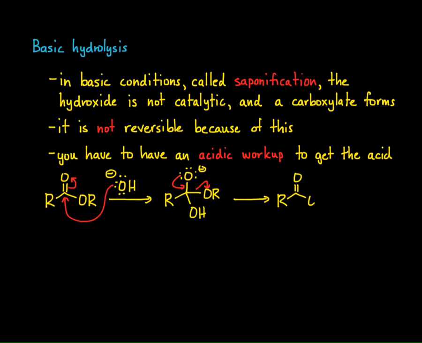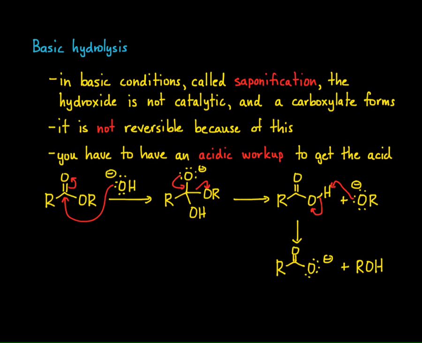So the product of that is a carboxylic acid, but of course we're in basic conditions. So either hydroxide can come along and deprotonate that, or the alkoxide that we just generated that came off is also a very good base, and so it can also remove a proton from the carboxylic acid, and we generate a carboxylate plus the alcohol that is from the alkoxide that got protonated.